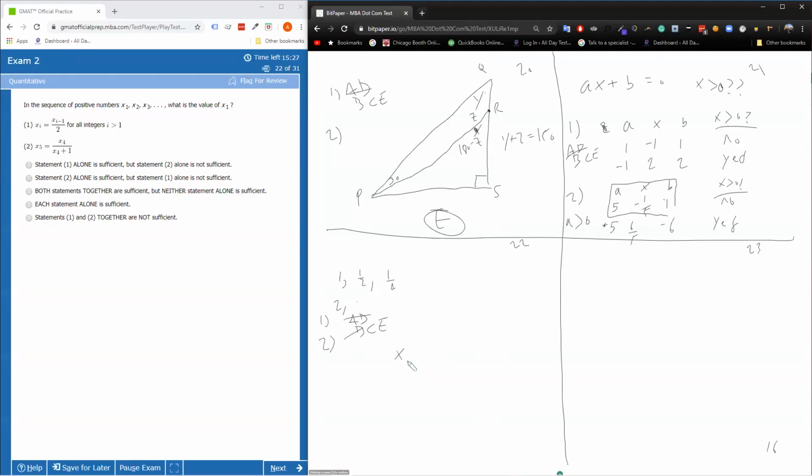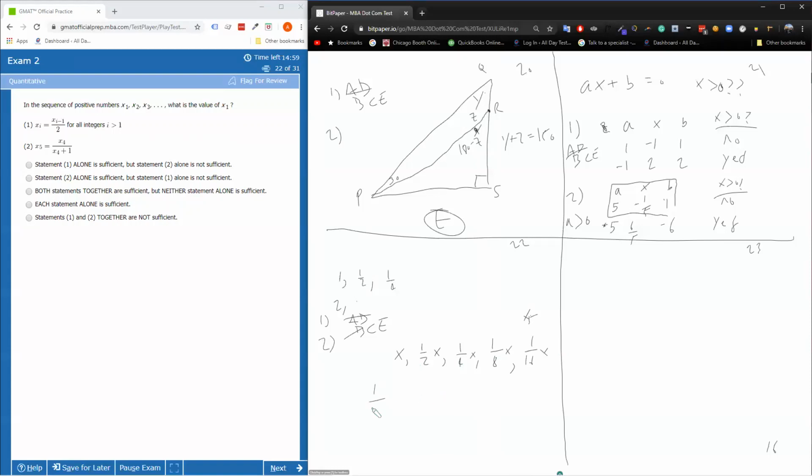We get x, 1/2 x, 1/4 x, 1/8 x. 1, 2, 3. So this is our x_5 here.